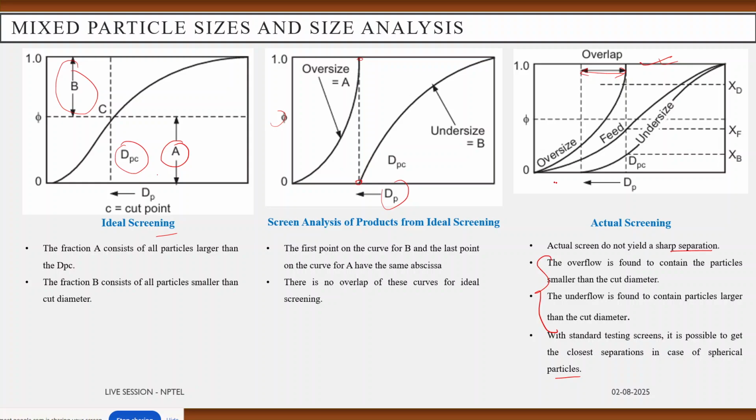You can see this graph is for the complete feed, this is for the oversize and this is for the undersize graph. It represents the fraction of material in the oversize, the fraction in the feed material, and the fraction of the desired material in the bottom part of the screen.